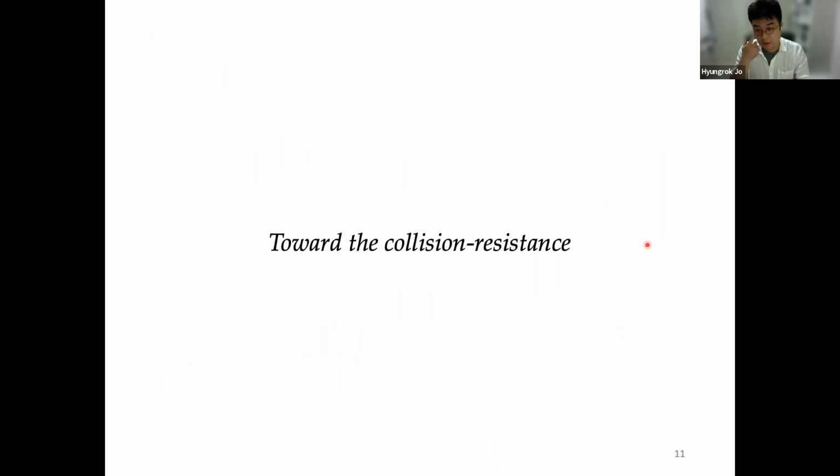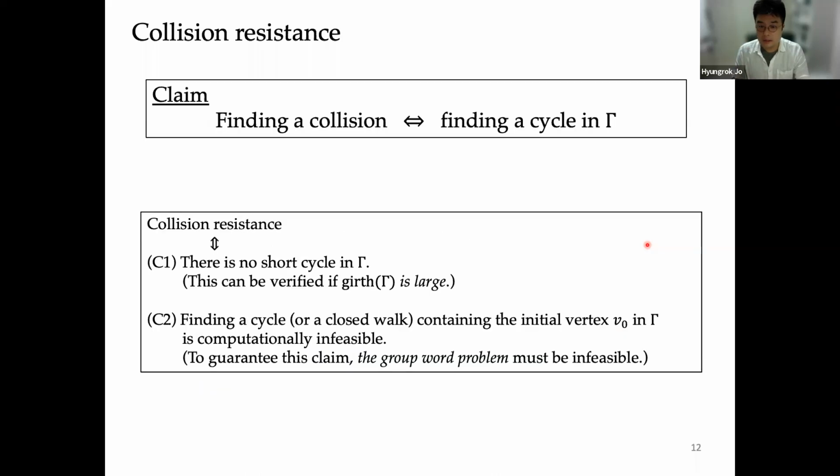Now we discuss collision resistance. Here we claim that finding a collision is equivalent to finding a cycle in a given graph, gamma. So there are two conditions. The first one is that there is no short cycle in gamma, and this can be verified if the shortest cycle in the graph is large enough.